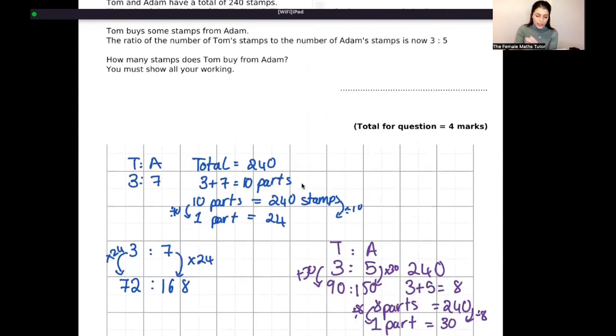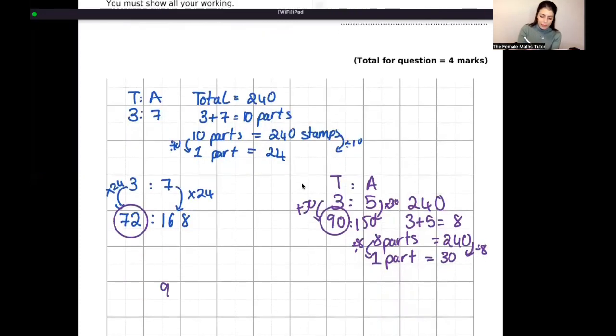The question then says at the end, how many stamps does Tom buy from Adam? So if Tom had 72 to begin with, but he now has 90, what's the difference? You do 90 take away 72, get 18 stamps.